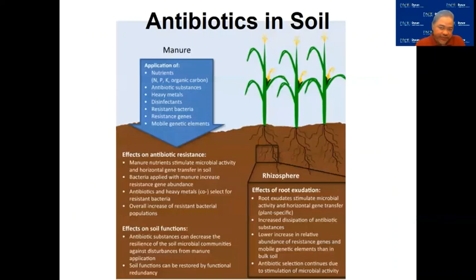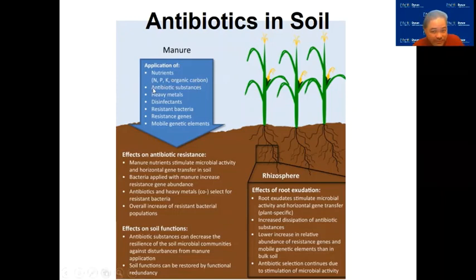In the soil where you use manure as a fertilizer, when you apply manure, there are usually nutrients there: nitrogen, phosphorus, potassium, and organic carbon. But they're not the only things you have there.